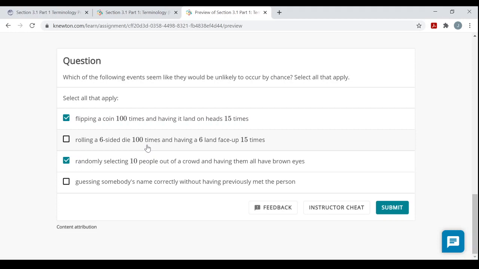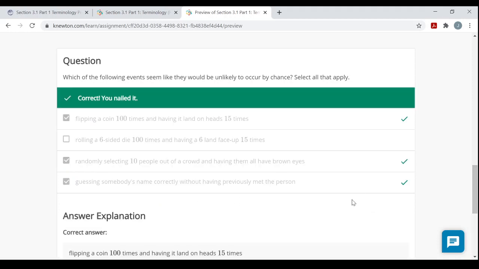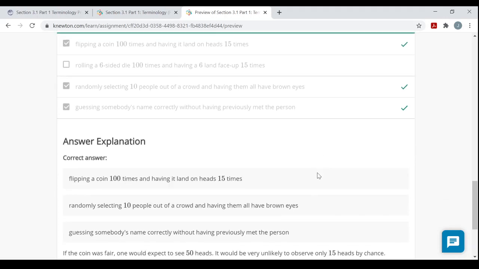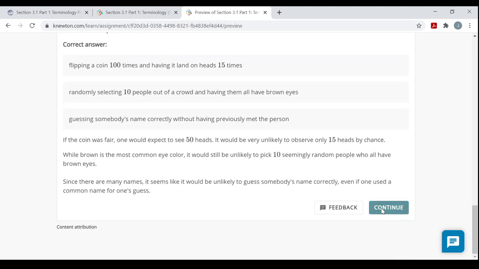Would you expect it to happen or not? I would not expect this to happen, so I'd say it's unlikely to occur. Guessing somebody's name correctly without having previously met the person, I would also think that would be unlikely to occur. Just think about what would seem unlikely to happen, and then you select them. Have a low probability.